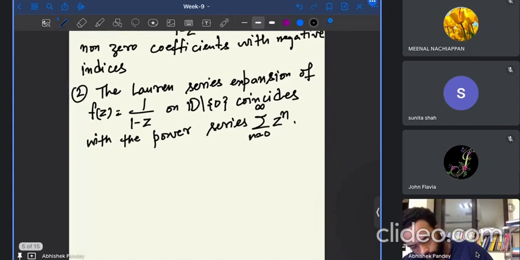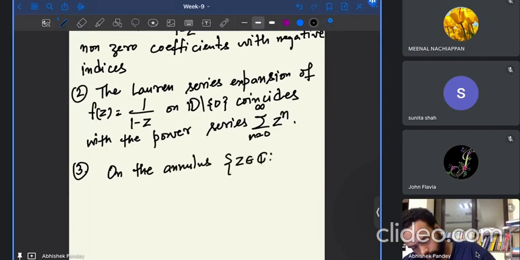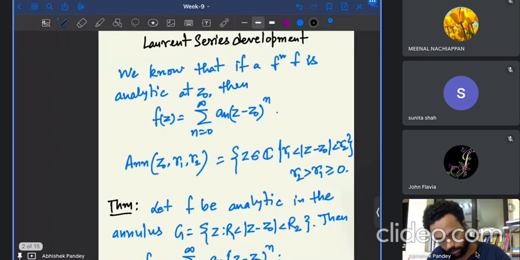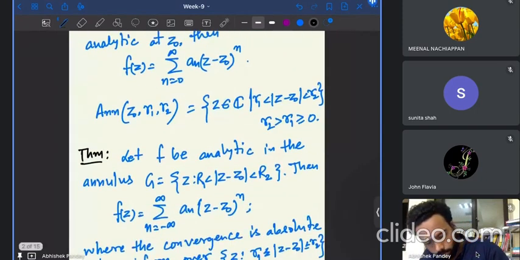Okay, now the third thing is on the annulus, z belongs to C such that |z| is greater than 1. Observe that here we can also consider R2 to be infinity.